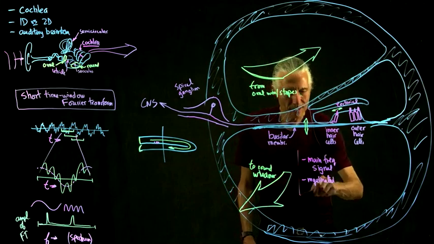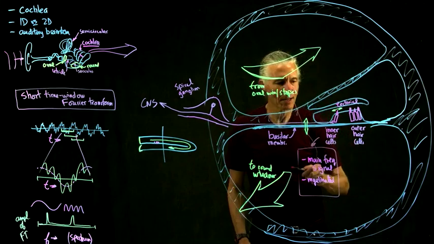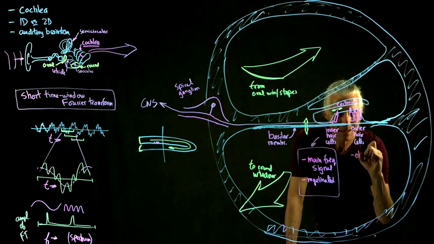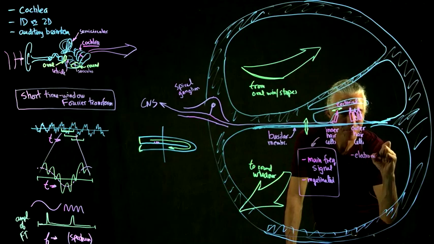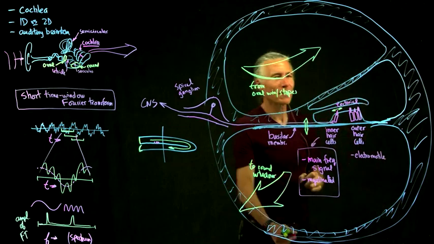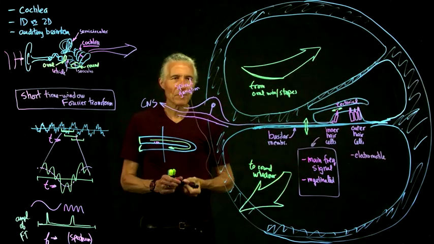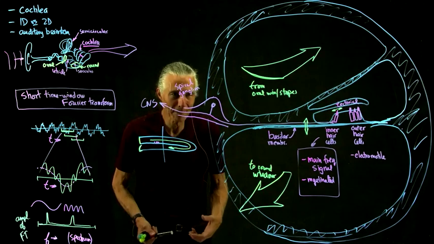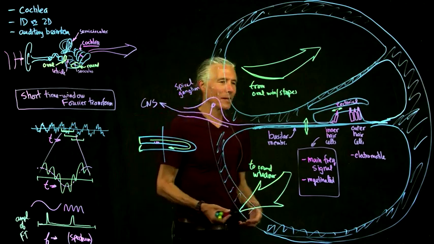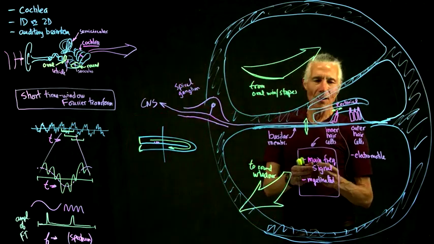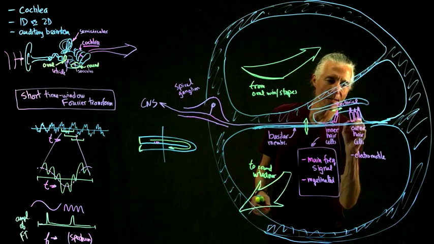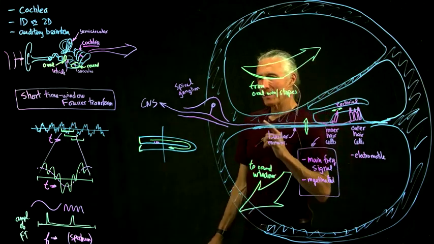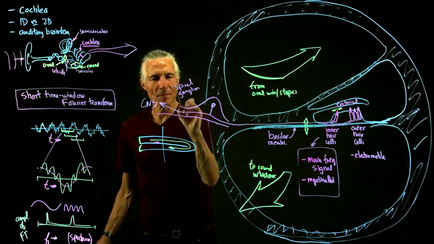So that's the inner hair cells. The outer hair cells are the ones that are electromotile. As I said, for some of them you don't even have to electrically stimulate them with a synapse. You can just play sound to them and they'll bend. But these guys also receive input from the central nervous system.